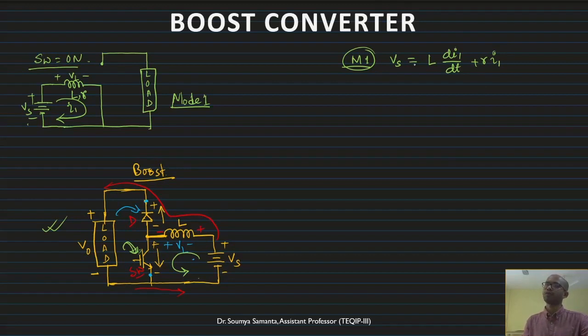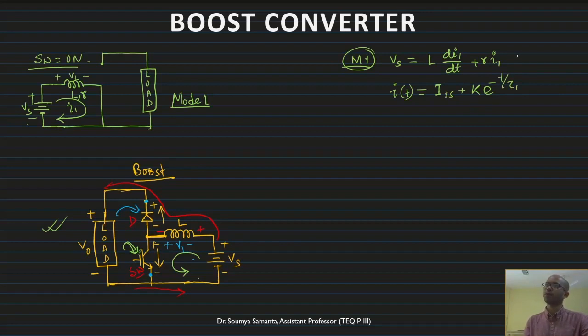This is a first order differential equation. If I solve it, what is the standard form? It is ISS, the steady state value, plus K into e to the power minus t by tau 1.